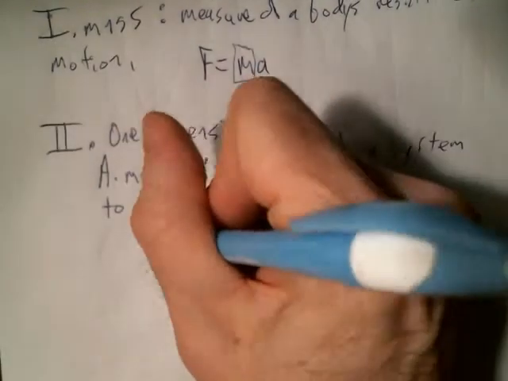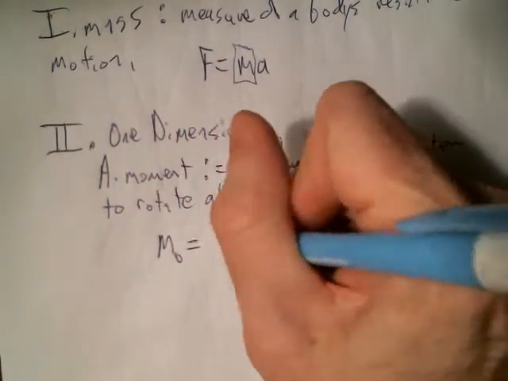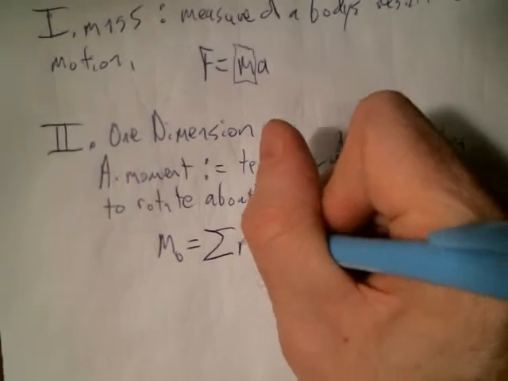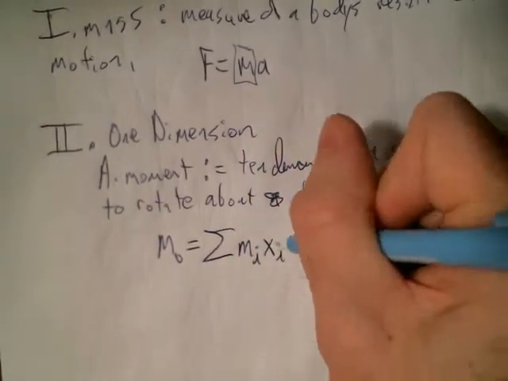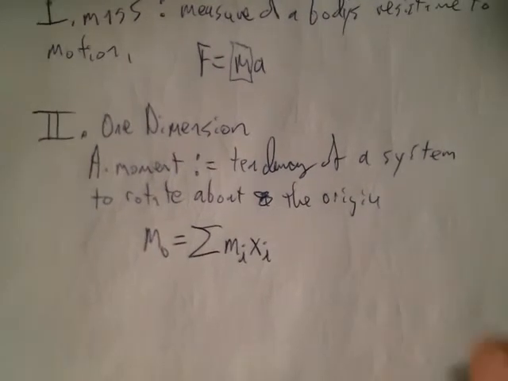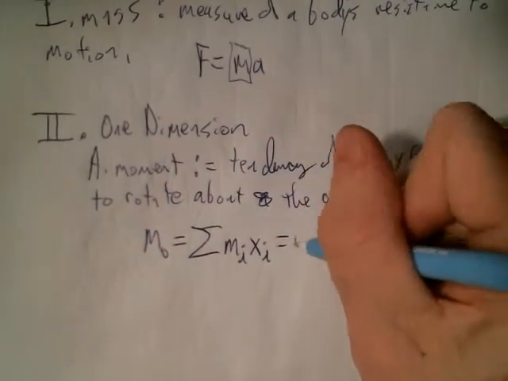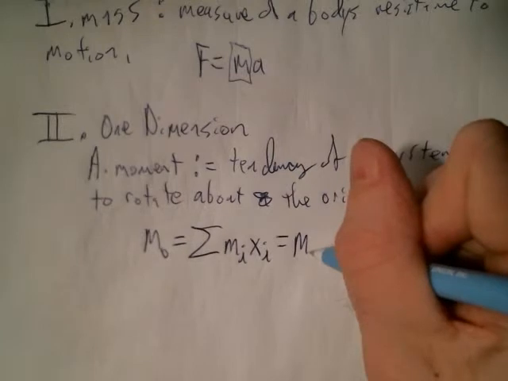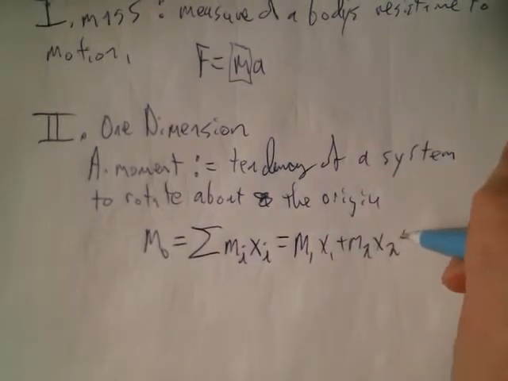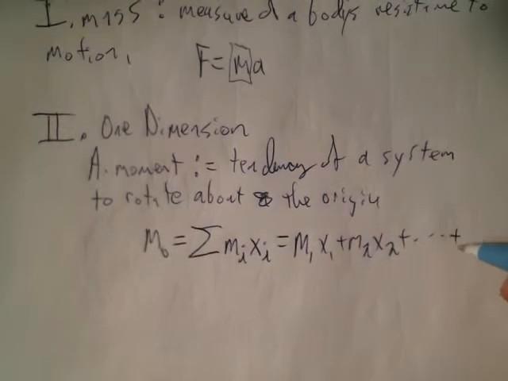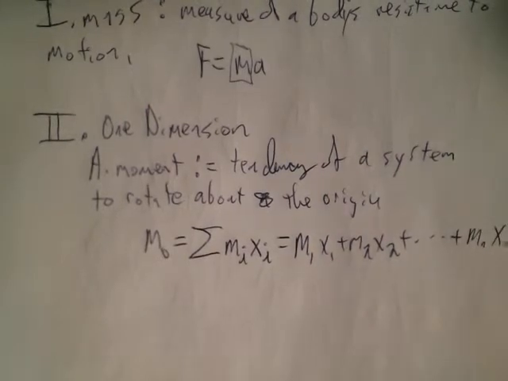And the formula for the moment is always going to be the sum of the masses of the particular objects times their distances from the origin. So it's going to be the sum of m sub 1 times x sub 1 plus m sub 2 times x sub 2 plus dot dot dot all the way up to m sub n times x sub n.